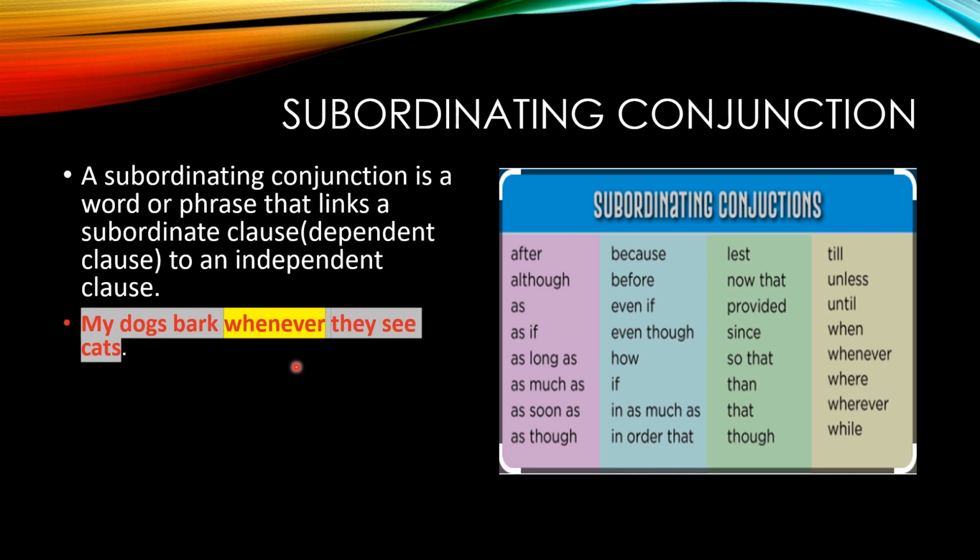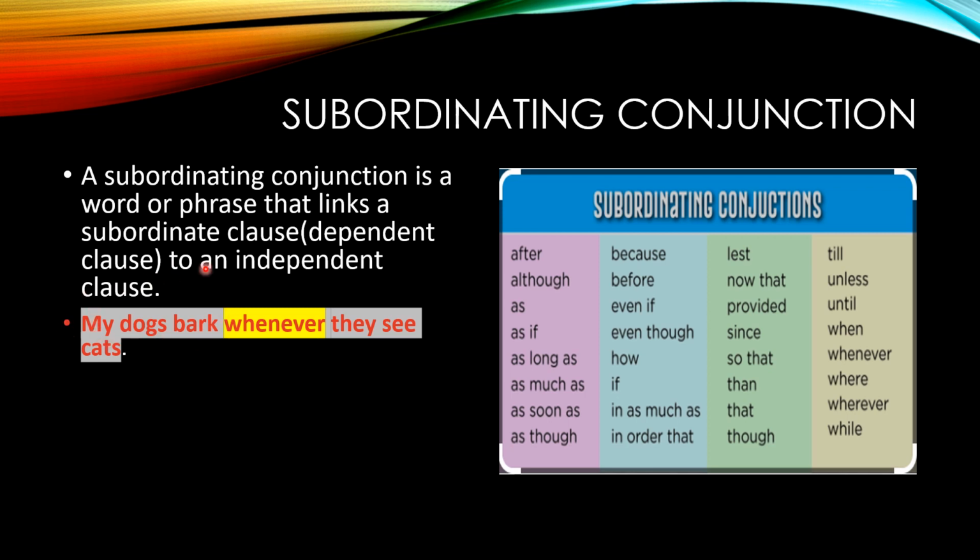For example, my dogs bark whenever they see cats. Now you can see there is a group of words or phrases which is dependent on the other independent clause. So here the independent clause is they see cats and the dependent clause is my dogs bark.